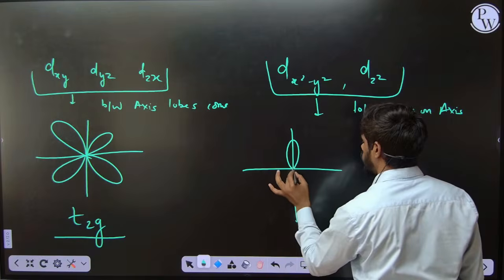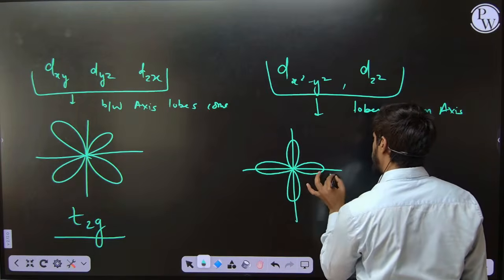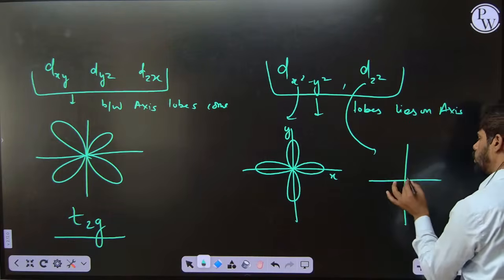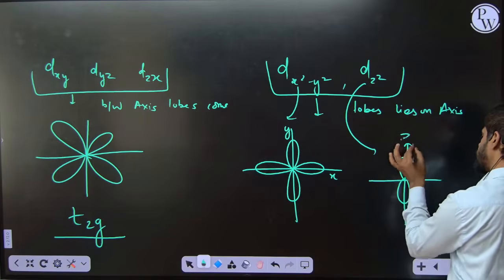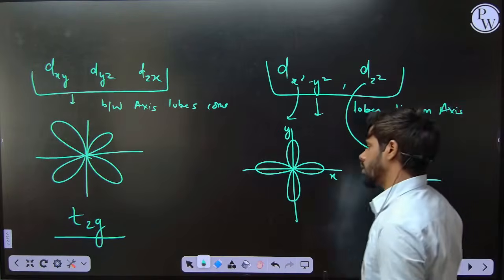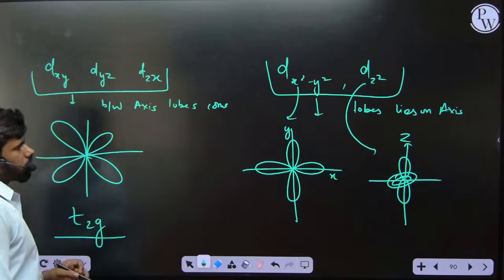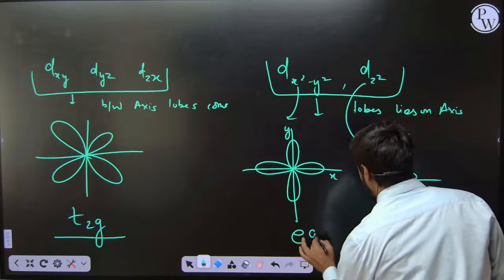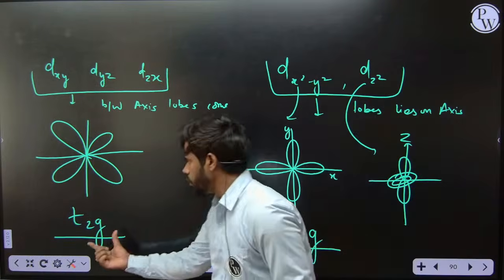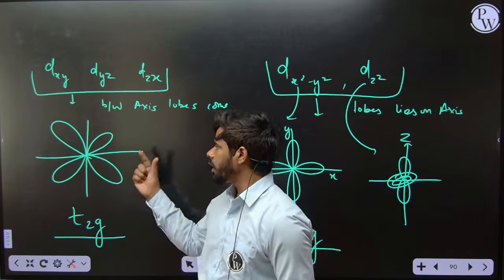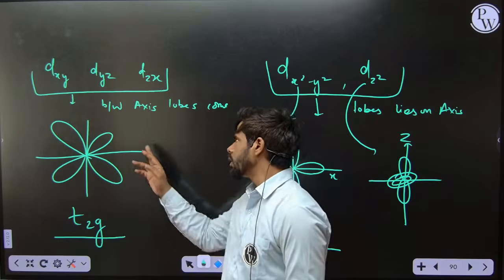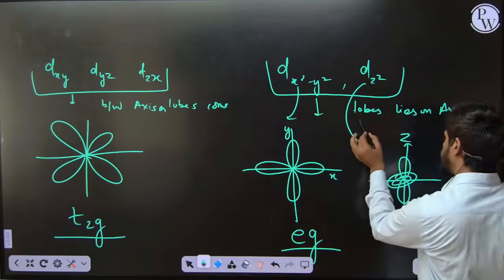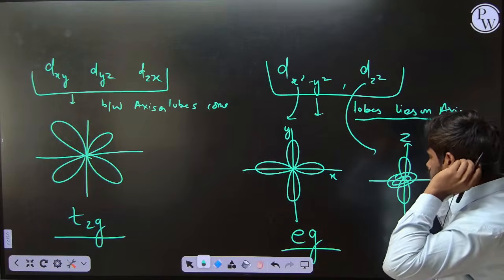In case of dx square minus y square, it is the x and y axes. In dz square, the lobes lie on the z axis, and another ring is there. So these are the two types of d orbitals. This set is known as the eg orbitals, and the T2g has 3 orbitals of the same type whose lobes lie between the axes. When the lobes lie on the axis, it is known as the eg orbital.